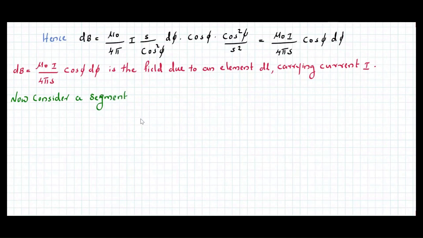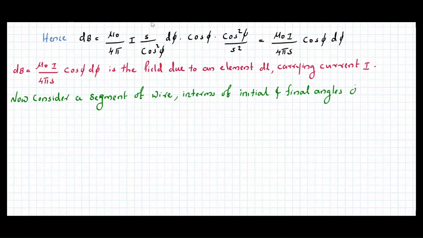The magnetic field of any straight segment of wire in terms of the initial and final angles phi1 and phi2 is obtained by integrating dB with limits of integration from phi1 to phi2. To find the magnetic field due to the entire segment of the wire, consider the segment of the wire in terms of initial and final angles phi1 and phi2.